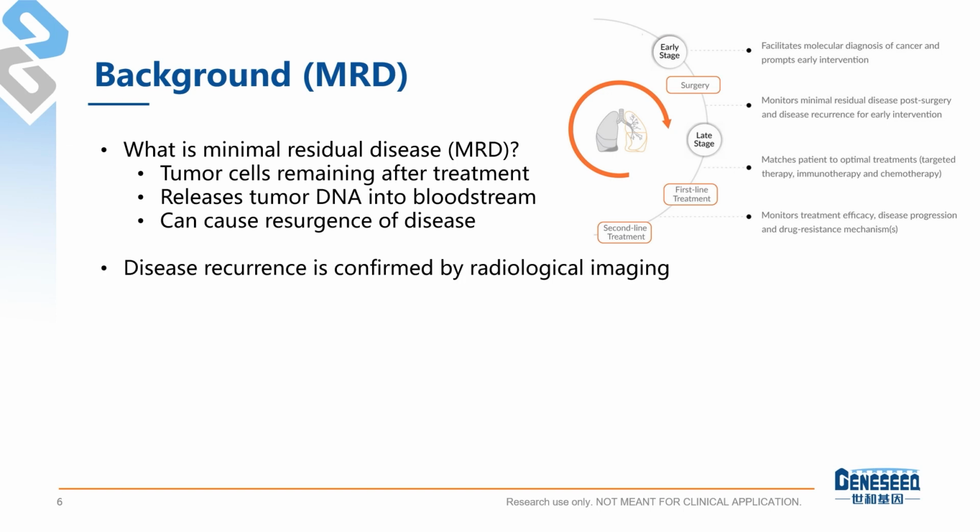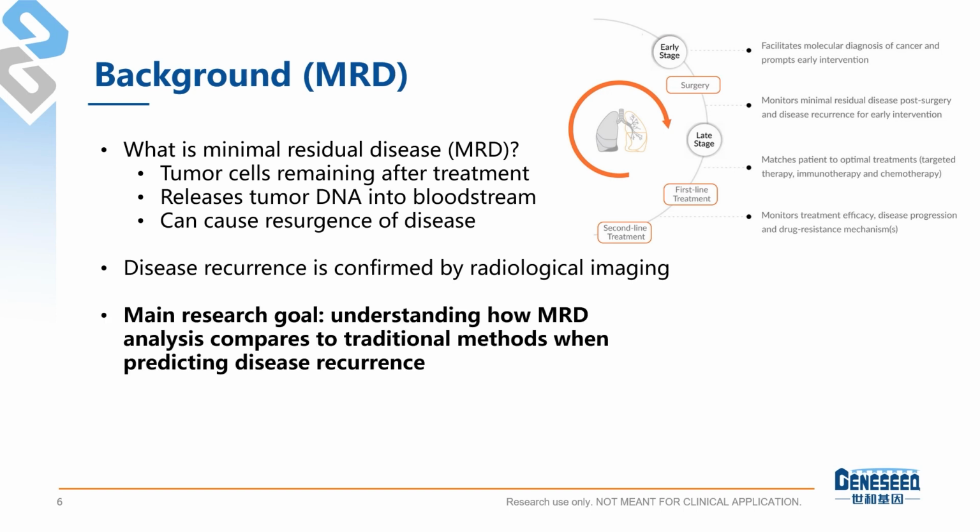Now, traditionally, the recurrence of the disease is confirmed through radiological imaging, i.e. CT scans. The main research goal that we're trying to achieve is to understand how MRD analysis can compare to these traditional methods when it comes to predicting disease recurrence.